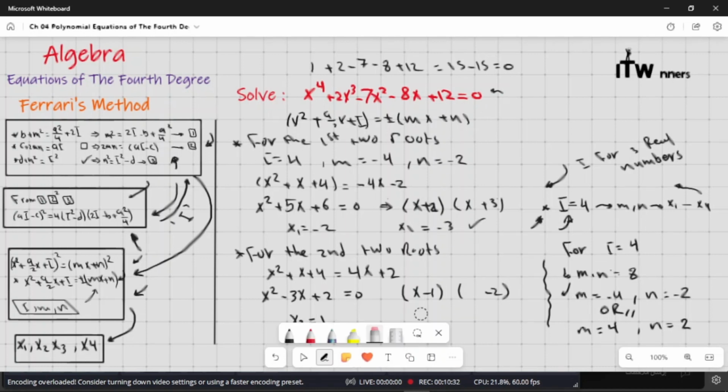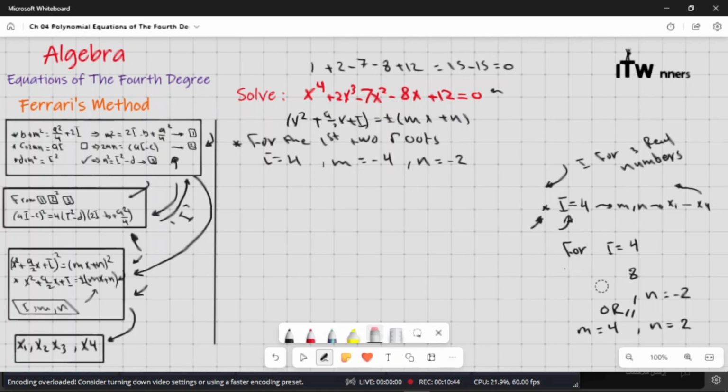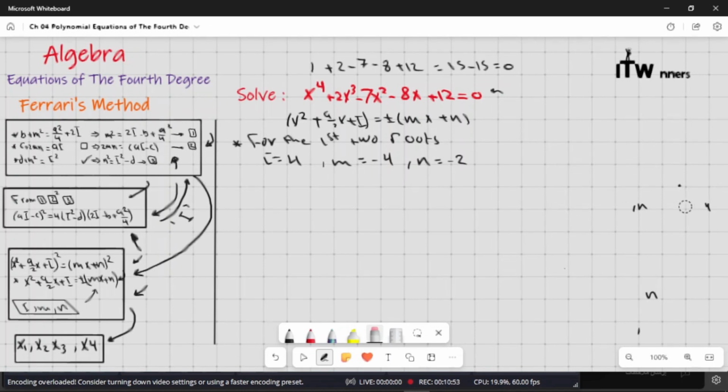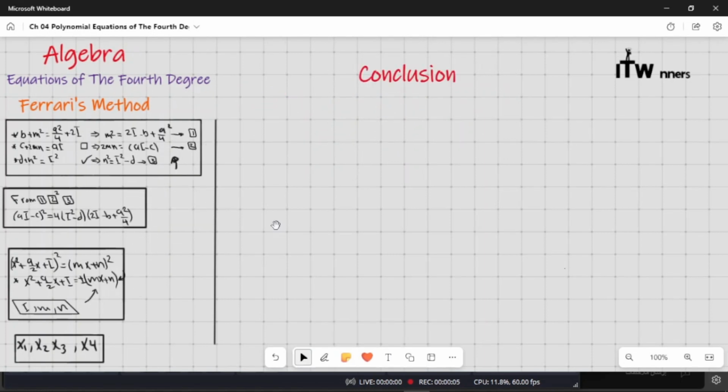Okay, just follow these steps, which performed by this equation on the left to obtain I, M, and N. Okay, and here is the method to solve the equation of the fourth degree. Okay, we will repeat our steps quickly.